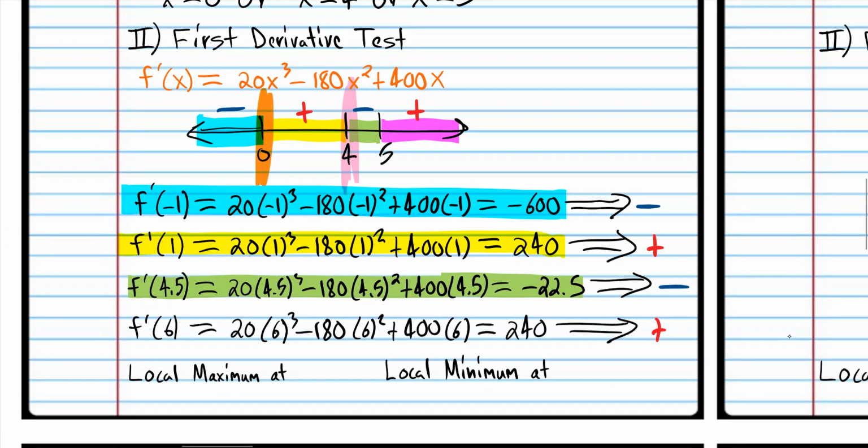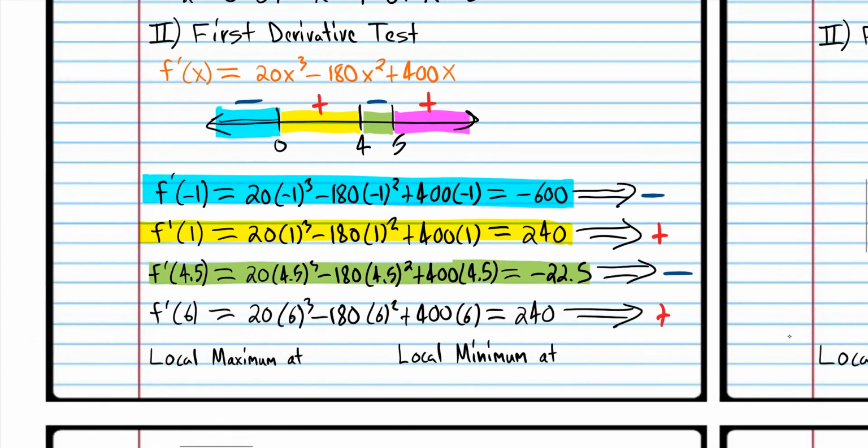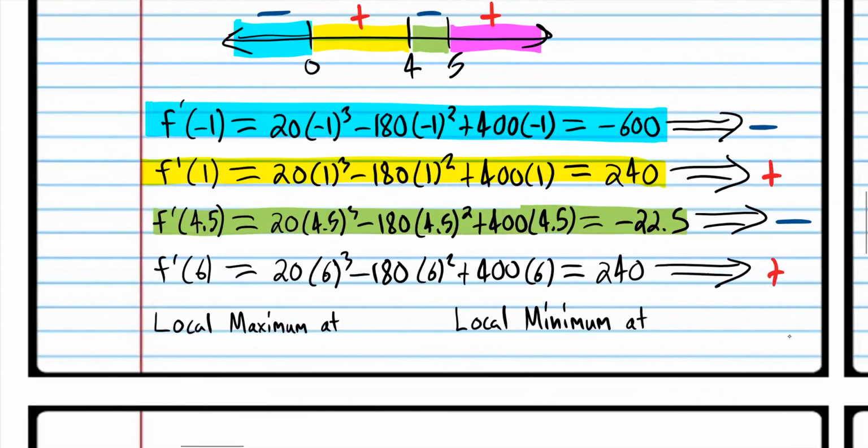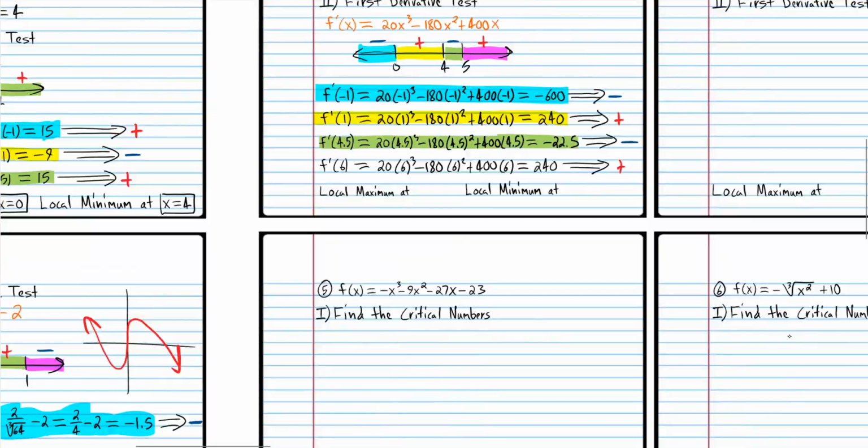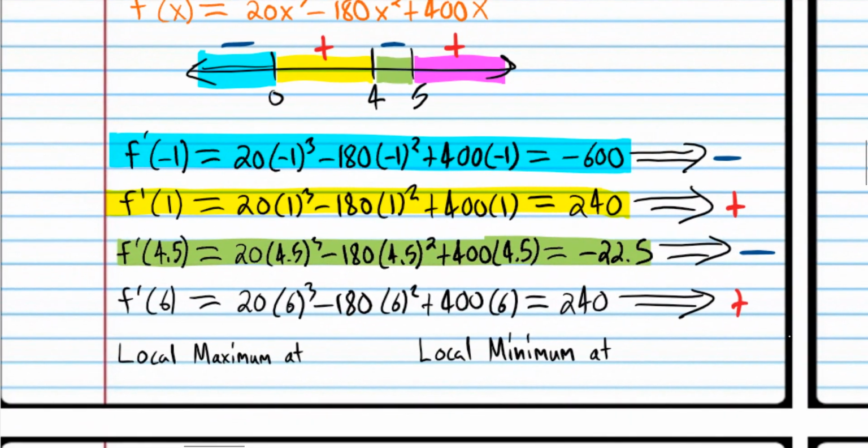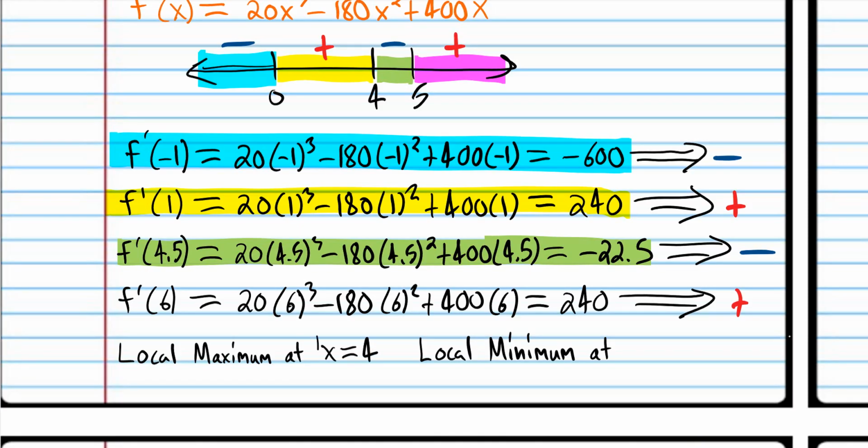So there's a local maximum at x equals 4, if you look at those signs, and there's a local minimum at x equals 0, and also when x equals 5. And probably should say x equals 5 just to eliminate ambiguity.